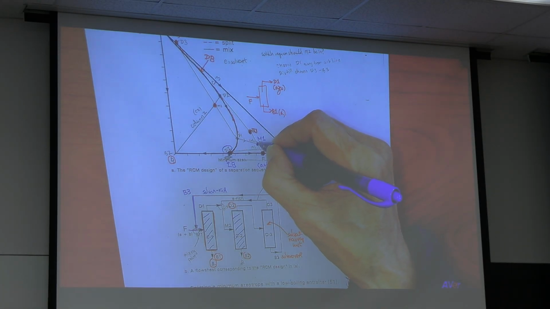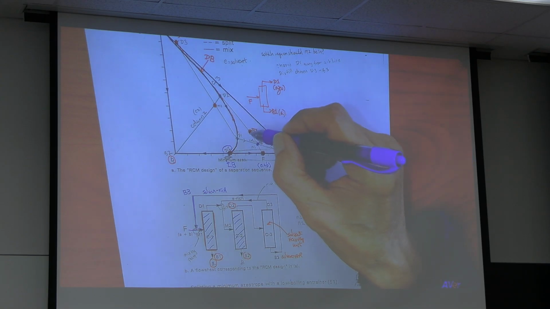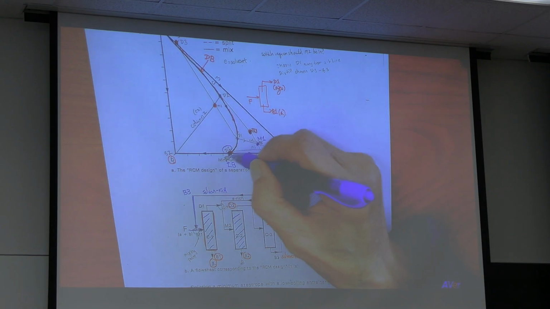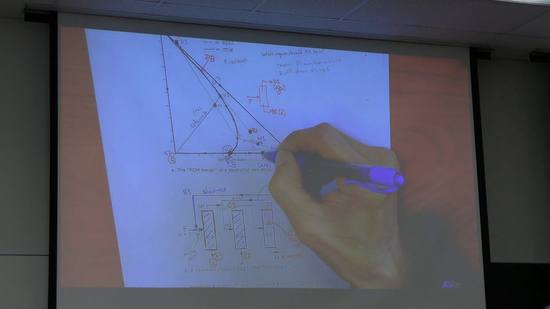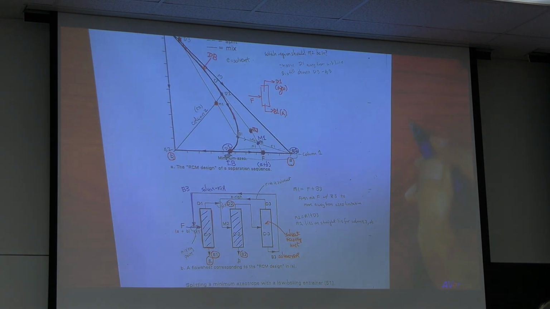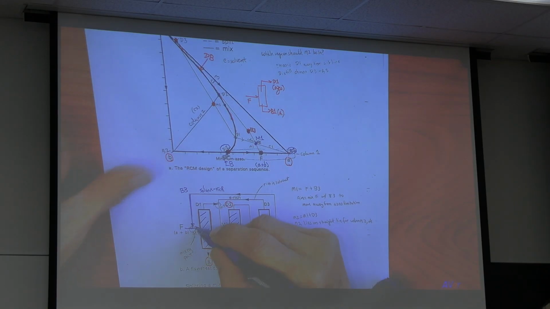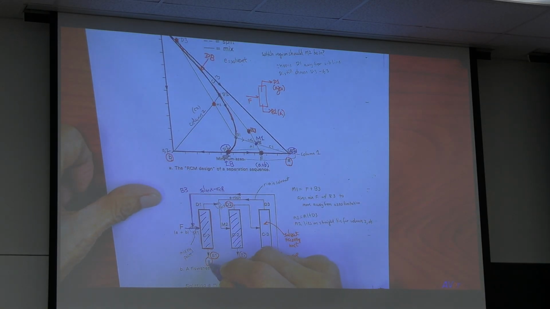So, trick number 1, find your solvent, move the feed away from the azeotrope. Mix it together. Trick number 2, once I get M1, I know B1 is the product.